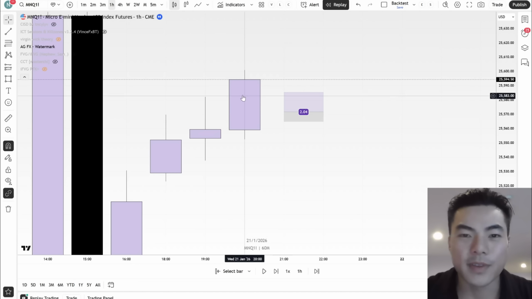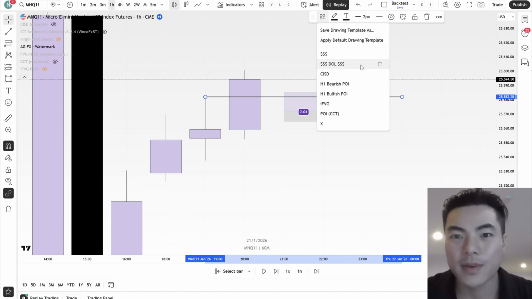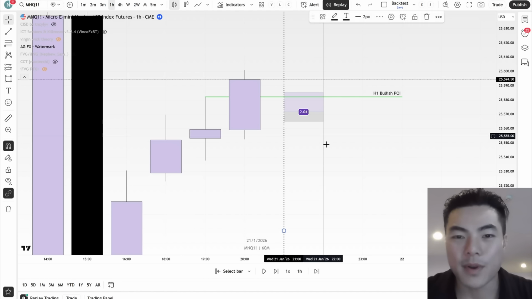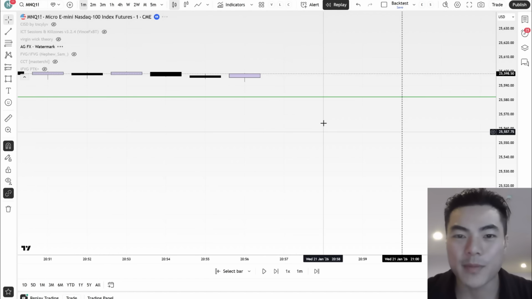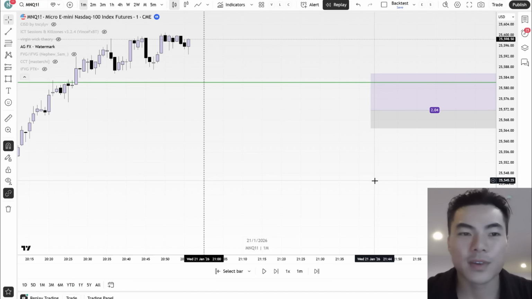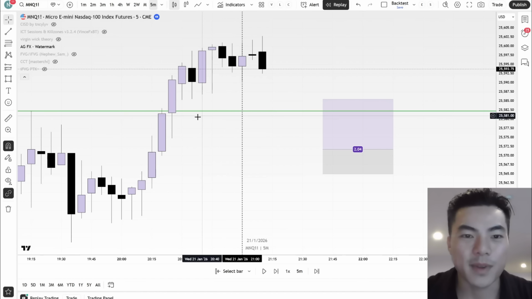All right, so we've got this 8 p.m. candle closing strongly through this virgin wick, creating your bullish point of interest. And then from 9 p.m., drop down to the 1 minute time frame and see if it gets engaged. Let's also mark out, let's go on our 5 minute, see if there's any gaps.